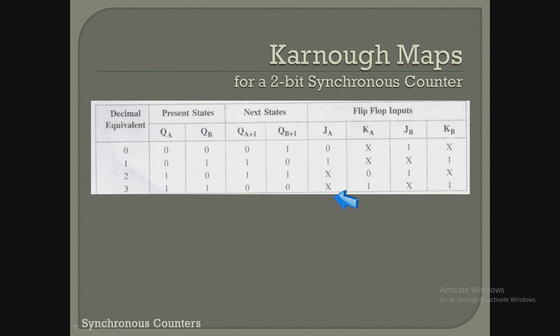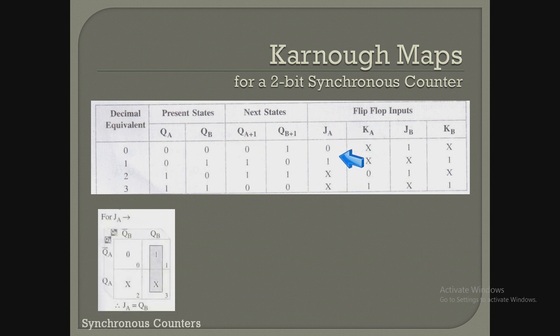Because there are two inputs, QA and QB, a two input Karnaugh map means a 2 by 2 grid will be designed. So on the vertical edge we have QA complement and QA. On the horizontal edge we have QB complement and QB.